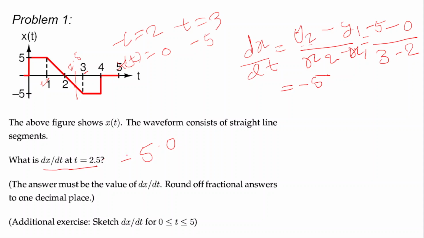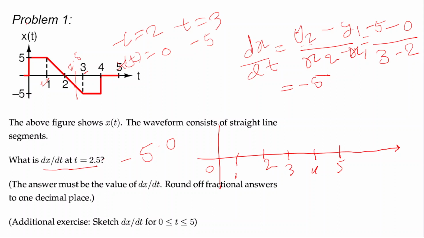Now in the next part, the additional exercise, we are asked to plot dx/dt for t from 0 to 5. Let's see how the plot will look. Let's draw a coordinate system and mark 1, 2, 3, 4, 5, with this as 0.